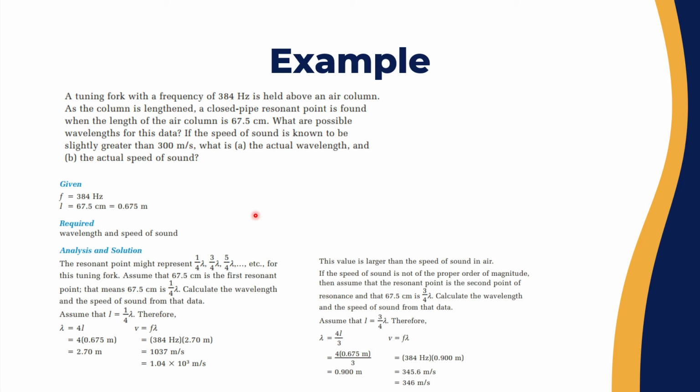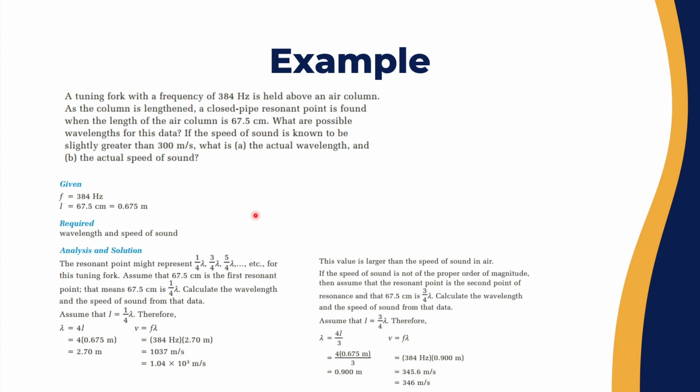To find the wavelength, the length equals 1/4 lambda, so lambda is 4L, and that would give you 2.7 meters as a wavelength. And the velocity equals frequency times lambda. Frequency is known and lambda is known in this case, so you will get 1037 meters per second of speed.